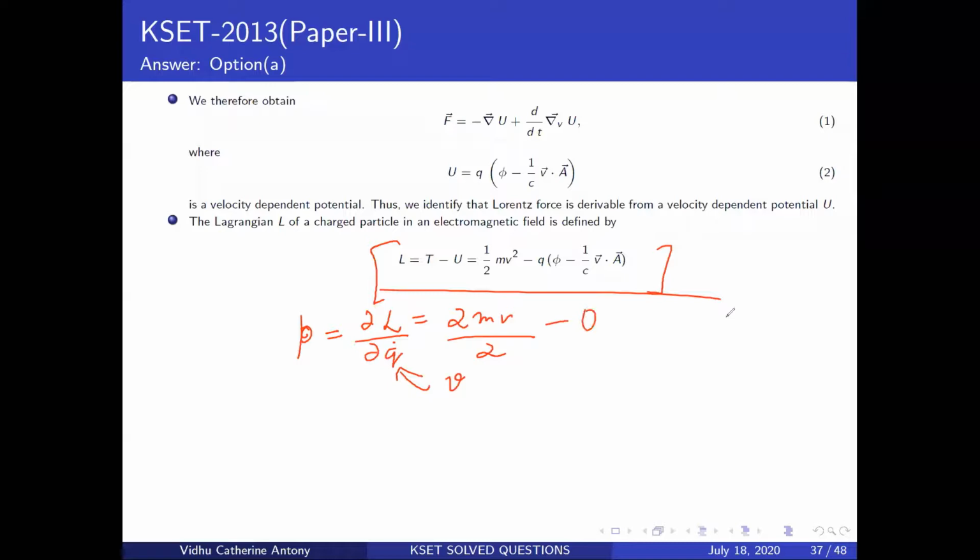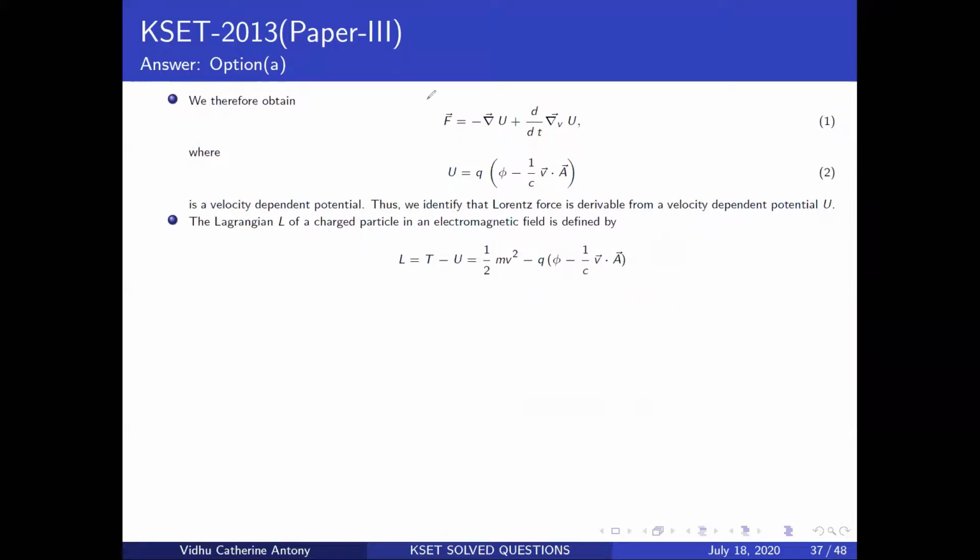No, so you put a 0, and minus becomes plus, and you end up having 1 divided by C into A. Now you have a Q here, so you'll have to write the Q. This is in CGS units. Remember that if it's not CGS units, you do not have this C. So what you're getting is mv plus QA vector divided by C. That's basically your option A.